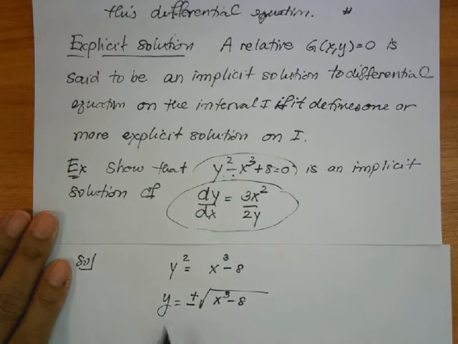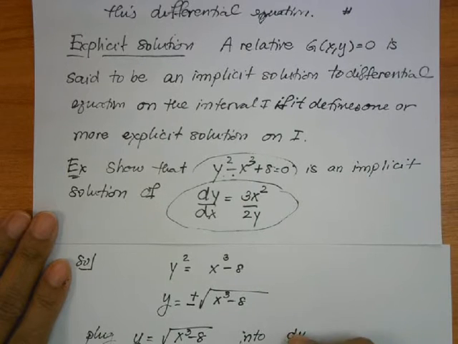So the way to prove it, you take y equal to plus or minus the square root of x to the power 3 minus 8, with dy by dx equal to 3x squared divided by 2y, and plus or minus 2.